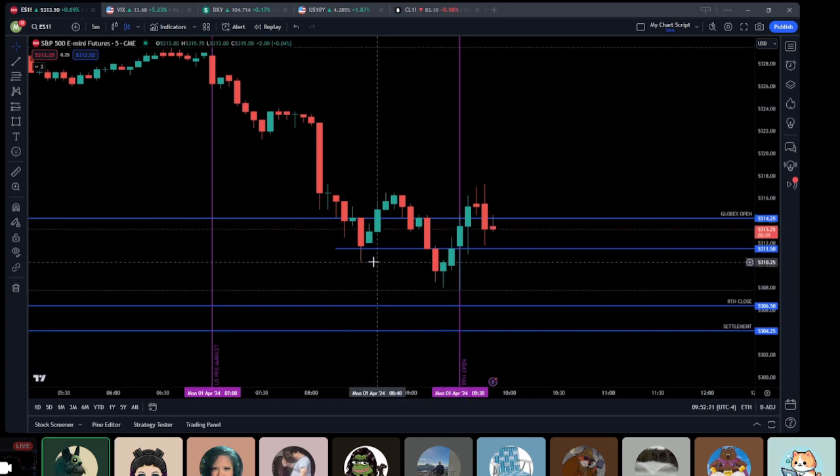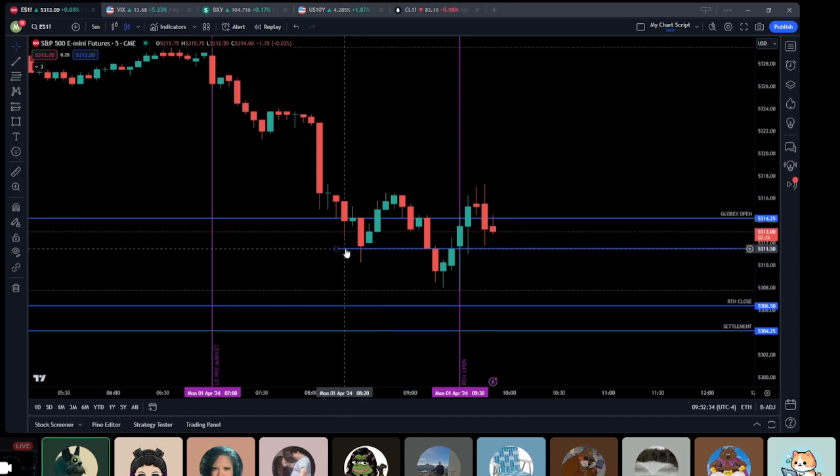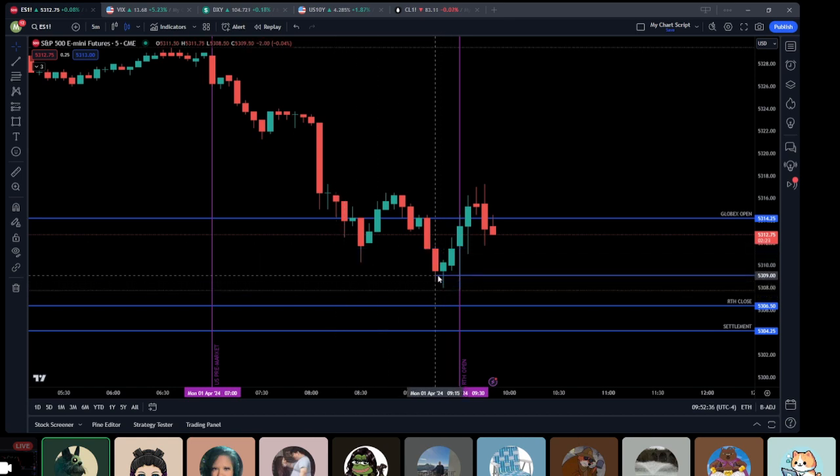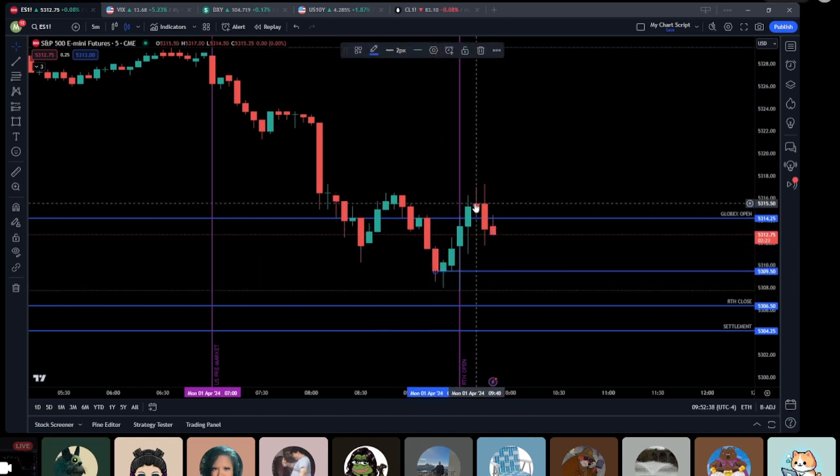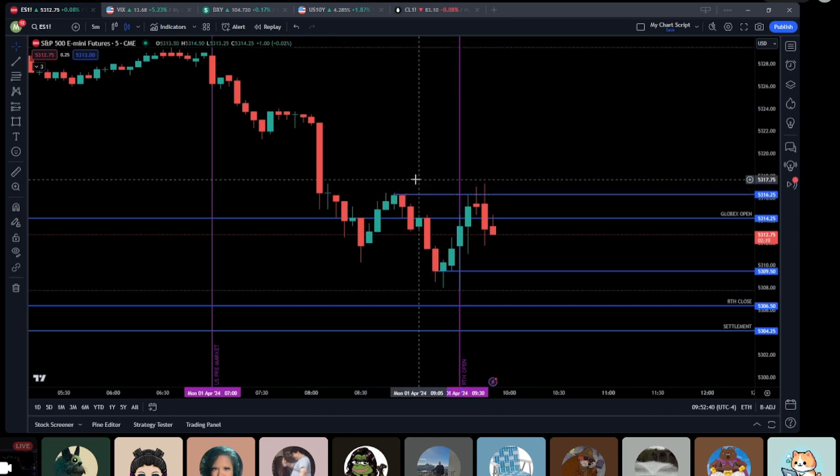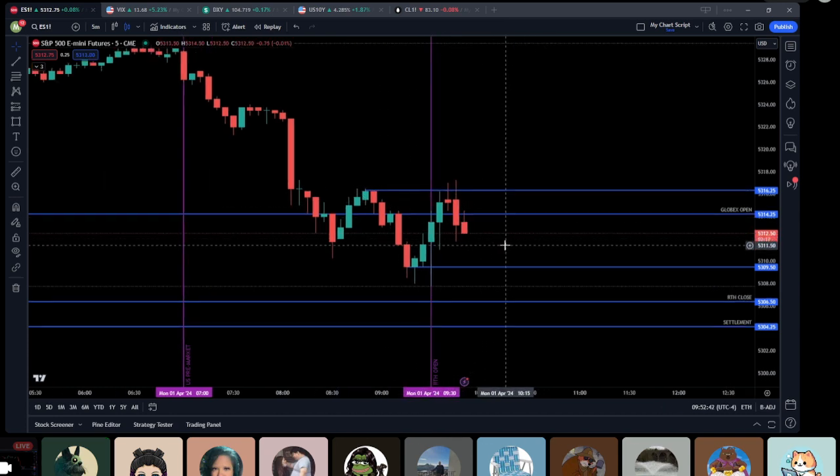So this right now, I would not trade it. Until the market picks a direction, you want to fade that range, and that range right now on a 5-minute chart would be this. Here and here.